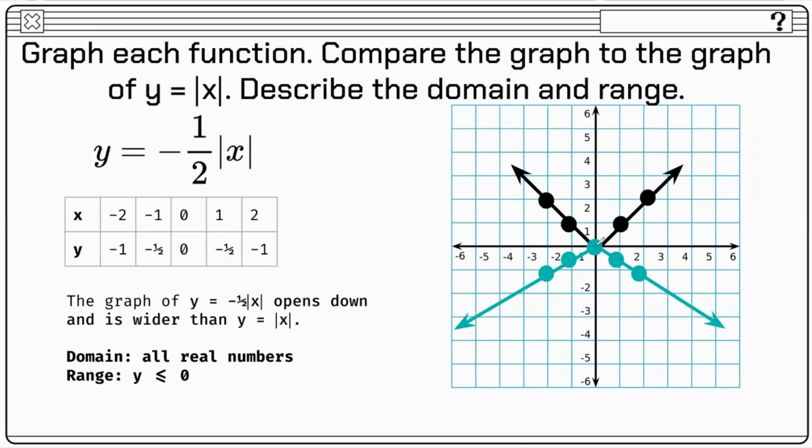You want to look at your vertex. In this case, it's at 0 on the y-axis, and from there all your y values are going down. And so your final range is going to be y is less than or equal to 0, meaning that your range includes the value 0 and anything that is less than 0.